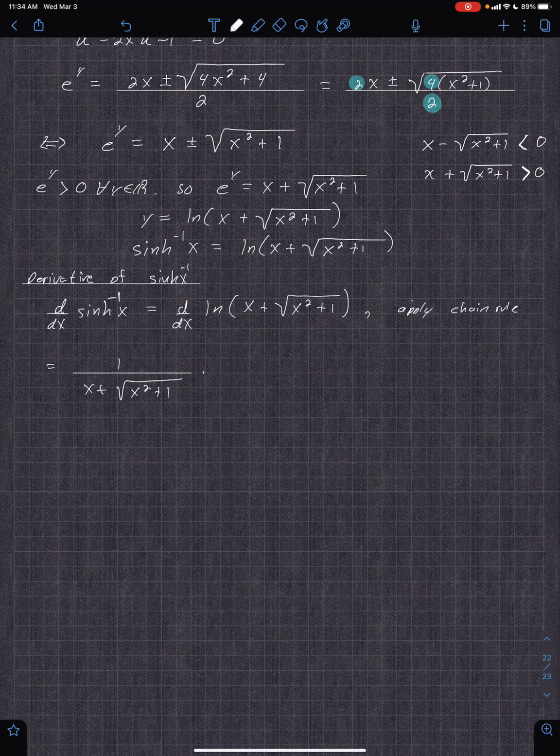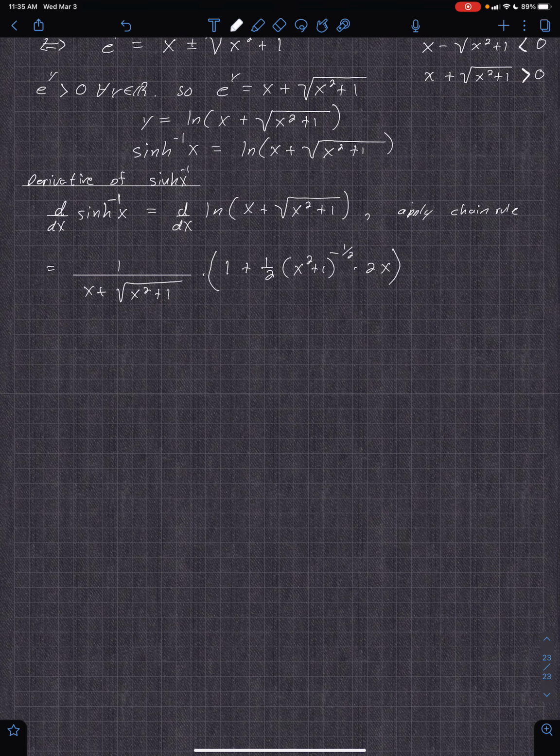So the derivative of what's inside is derivative of x is 1, and then plus the 1/2 times x squared plus 1 to the negative 1/2, and then chain rule again. So then it's times your 2x, which will simplify and reduce a bit.